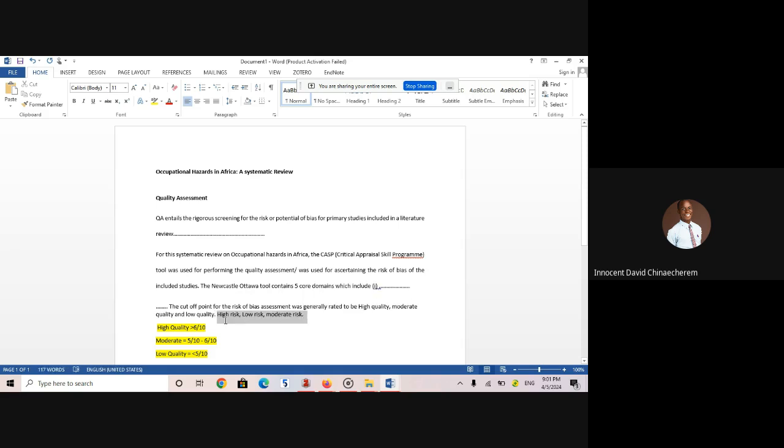When we are doing effective interventions, we use high risk, low risk or moderate risk. So when you've written this, you now make an argument. The cutoff point for the risk of bias assessment was generally rated to be high quality, moderate quality, and low quality.